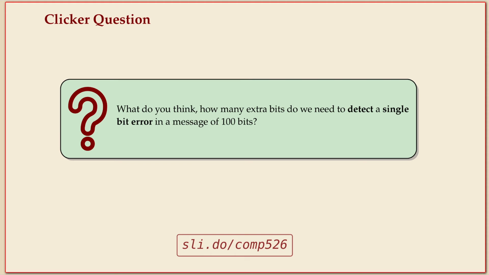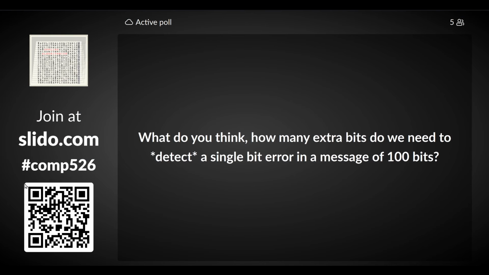How many extra bits do you think, just a gut feeling, do we need to send on top of these 100 to detect that something went wrong? And specifically that a single bit was flipped. That's the error that we're looking at.